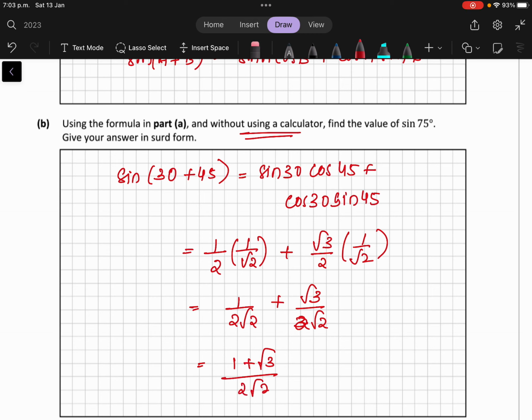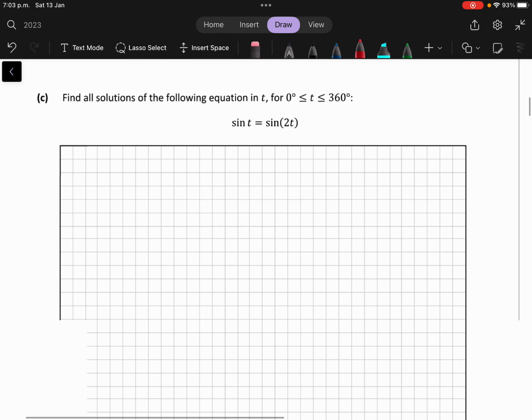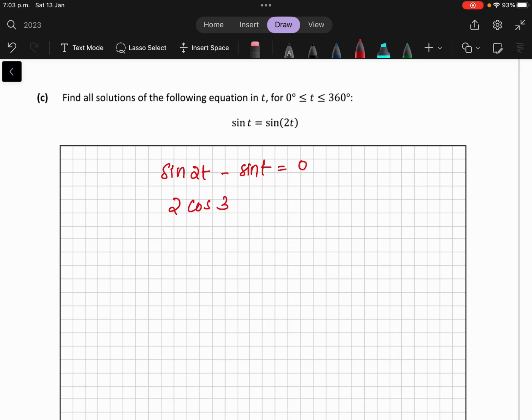Okay, then the next question: find all the solutions for the equation sin t equals sin 2t. What you can do here is bring everything to one side. sin 2t minus sin t is equal to 0, where sin A minus sin B is equal to 2 cos((A + B)/2) sin((A − B)/2).